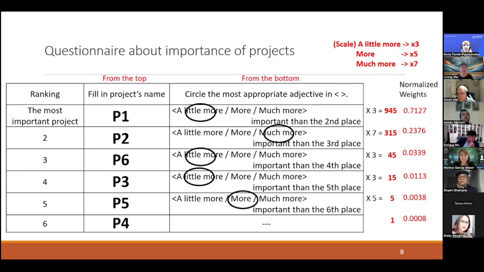Yes, here. You said that after the calculation, for example, the meaning of the element is 15, and we can see here the huge difference between 5, 15, and 945. So what does that mean? Did you group them because there are huge differences between one element and the other?